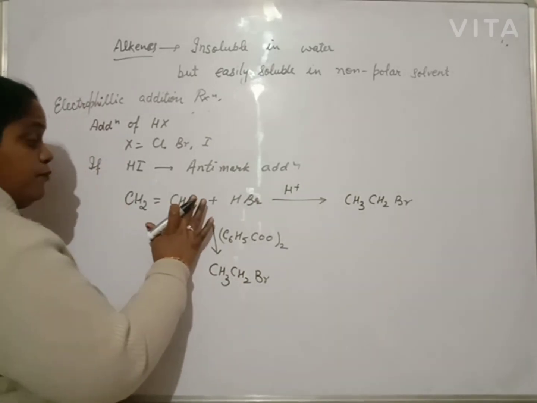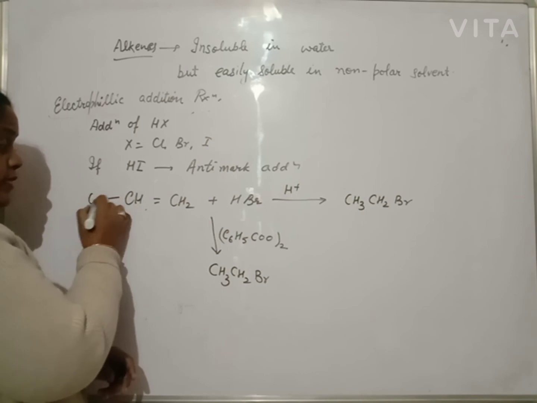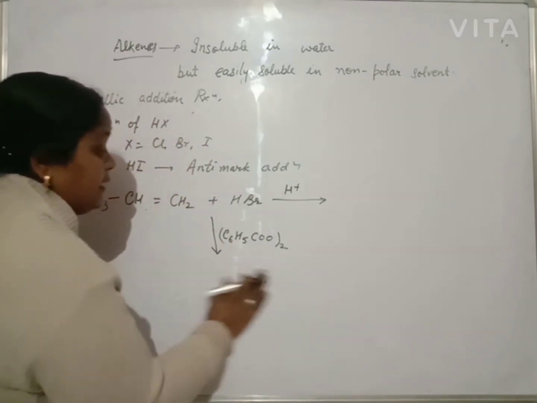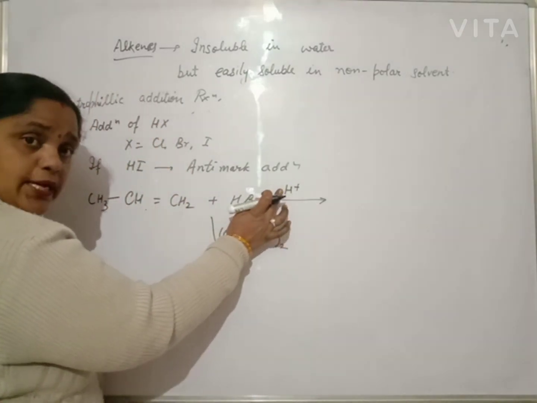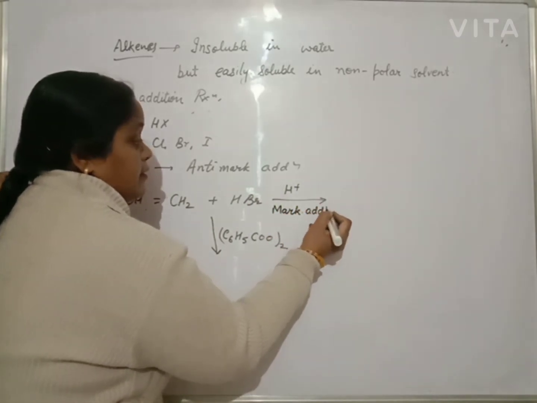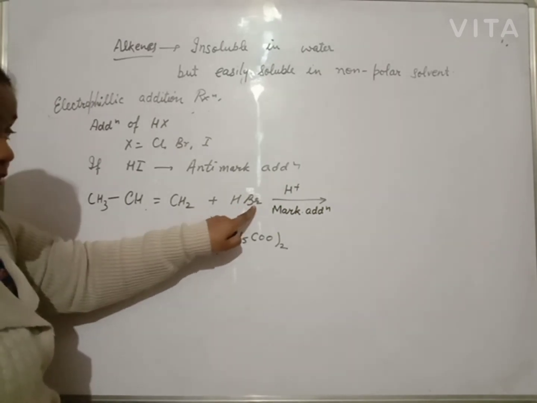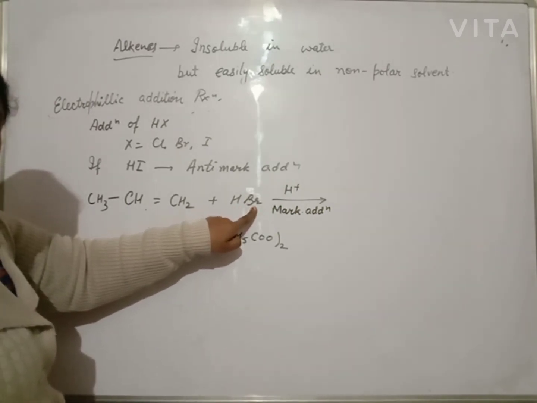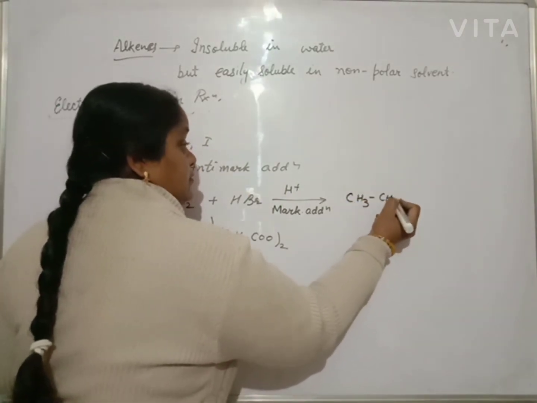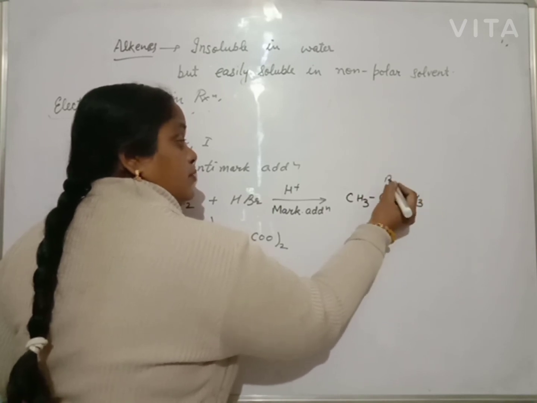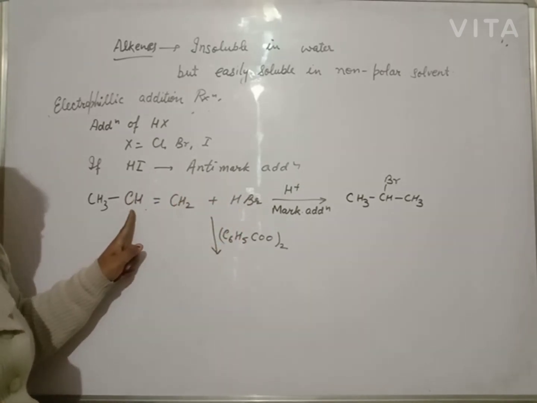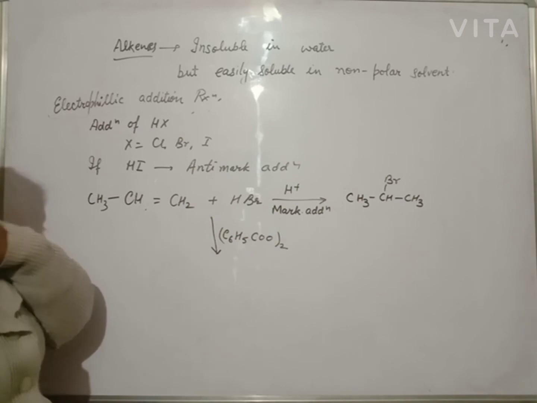But if this alkene is unsymmetrical, now the rule is applicable. How? Beta, if no catalyst is present or acid is present, Markovnikov addition occurs. In Markovnikov addition, the negative part goes to that carbon of the double bond which has fewer hydrogen atoms. From Markovnikov addition we will get 2-bromopropane, because the negative part is bromine and it goes to the carbon with fewer hydrogen atoms. But in the presence of peroxide, which rule is applicable?